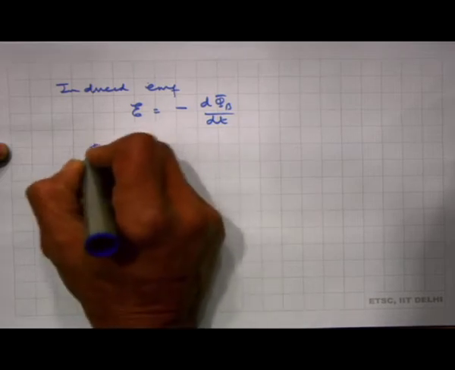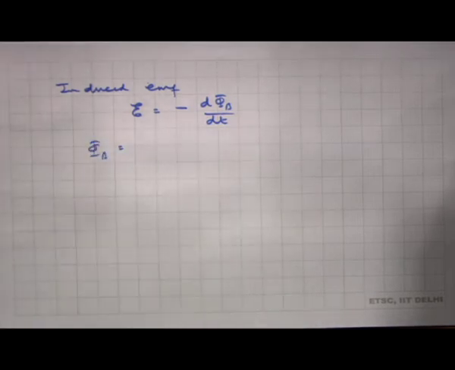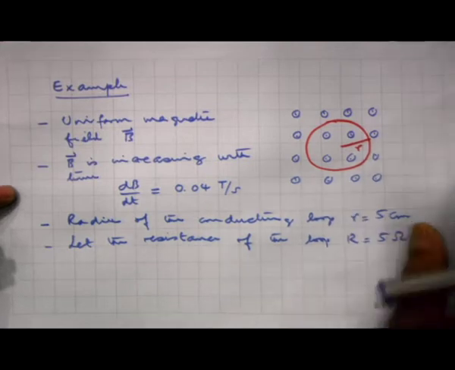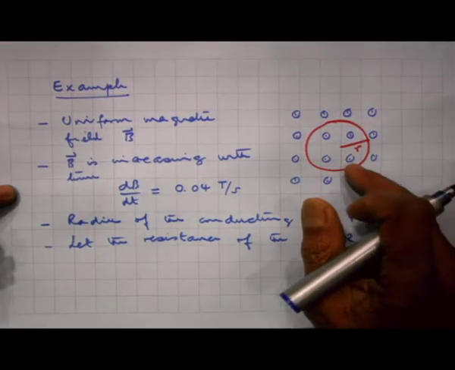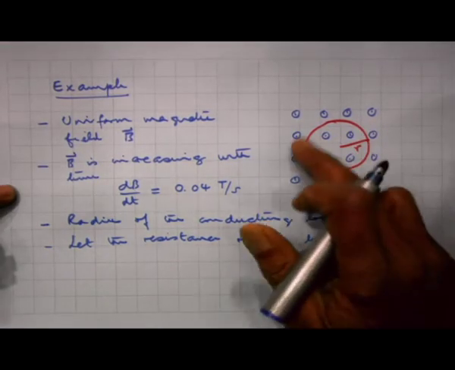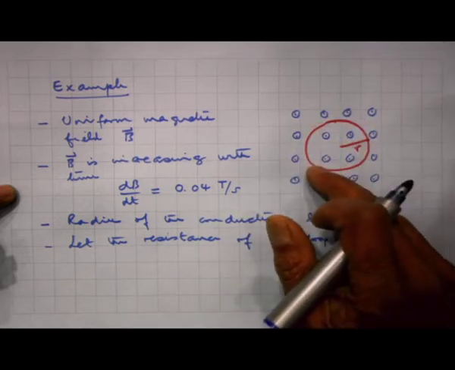Now, what is the magnetic flux? Because the magnetic field is uniform, the magnetic flux passing through this loop is simply the magnetic field multiplied by area.